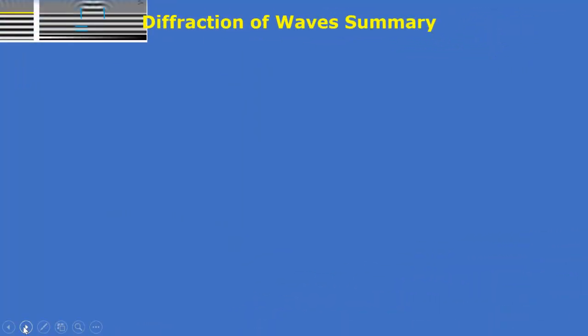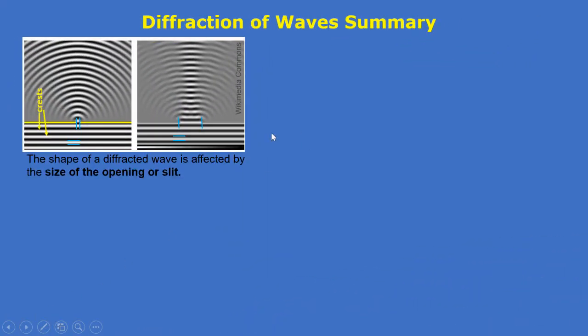Okay, in summary, the shape of a diffracted wave is affected by the size of the opening or slit. If the opening is smaller than the wavelength or about the same size, we can notice more. If the opening is larger than the wavelength, it's hard to notice the effect of diffraction.